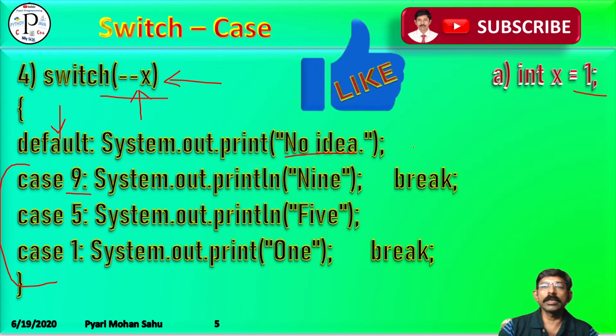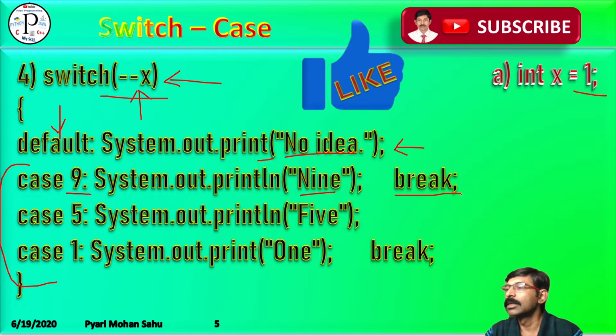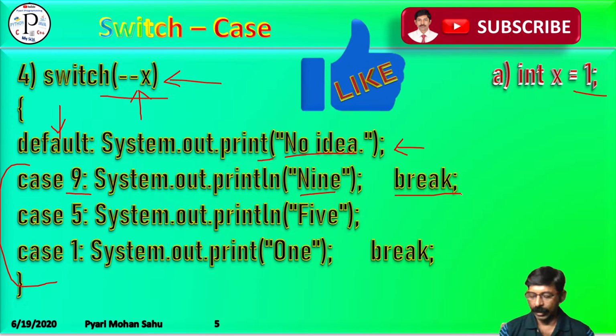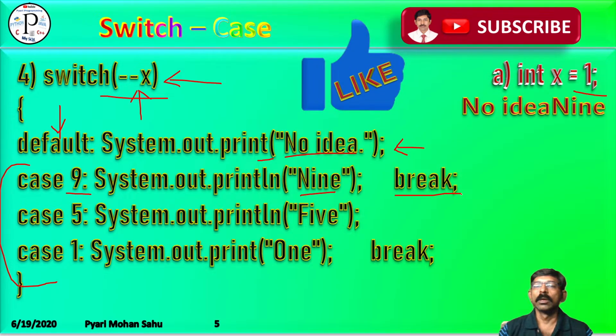And after that, break is missing, as Nalini said, it will execute 9. Though the print statement is available, it will display it side by side. After that, I have break, it will come out. So the correct answer is no idea 9 without any space.